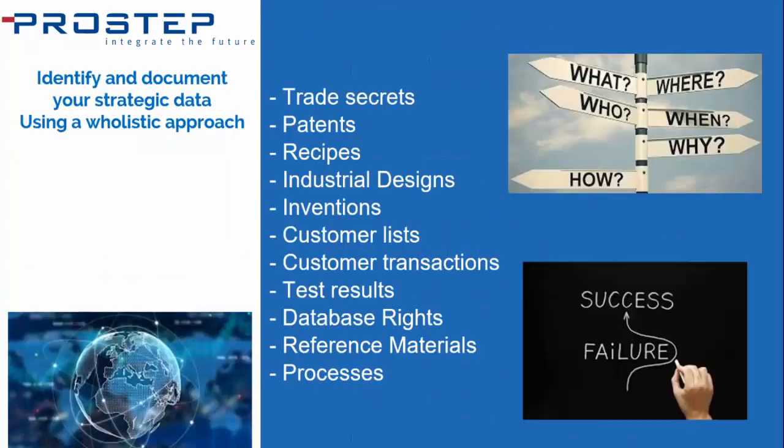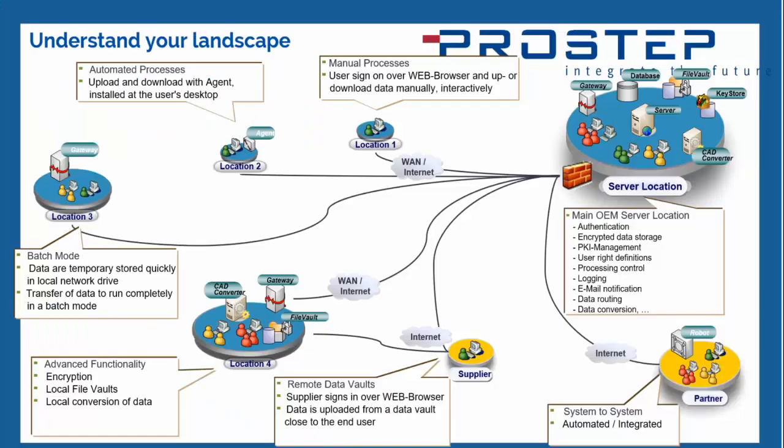So again, we talk about identifying your intellectual property and looking at it from a holistic approach. What, where, who, when, why, how, and then looking at what it is that I will need to protect. Understanding your landscape. Your landscape may include different locations on your WAN.